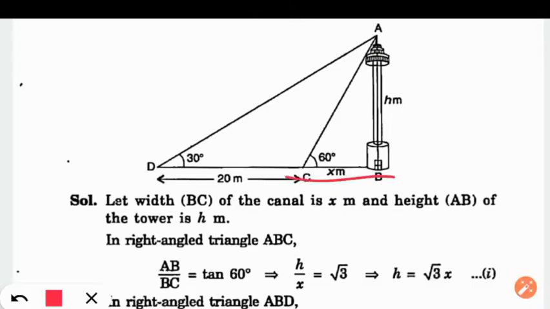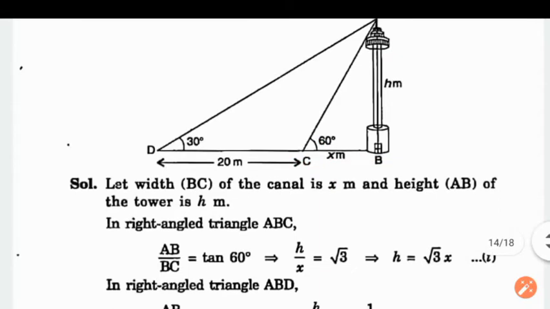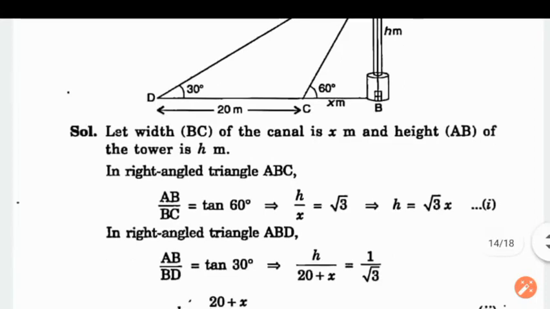Which trigonometrical ratio deals with perpendicular and base? Either cot or tan. If we use tan of 60 degree, perpendicular by base, that means AB by BC. AB is h and BC is x, and tan 60 degree from the table is root 3. So I have expressed h in terms of x: h is equal to root 3 x. Done.